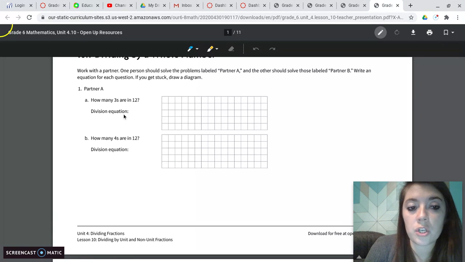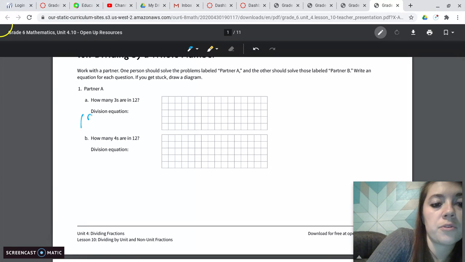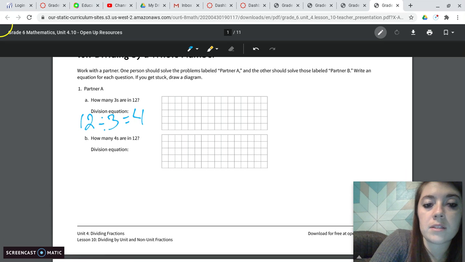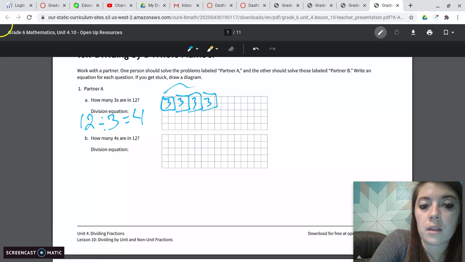So what should our division equation be if we're trying to find out how many 3's are in 12? Well, we should have 12 divided by 3 equals, well, what is 12 divided by 3? 4, because if we take a 3 and a 3 and a 3 and a 3, we get 12.